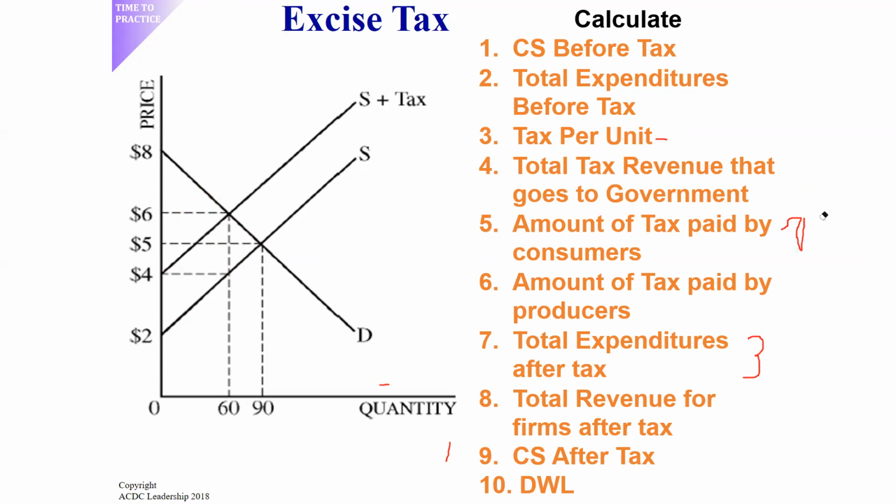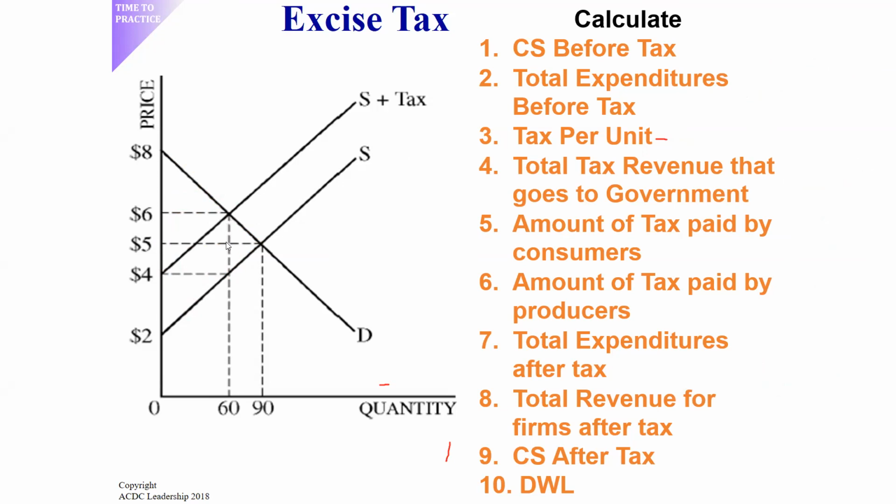We're 6 and 4 on... 4 total tax revenue, I just went over. 6 amount of tax paid by producers.